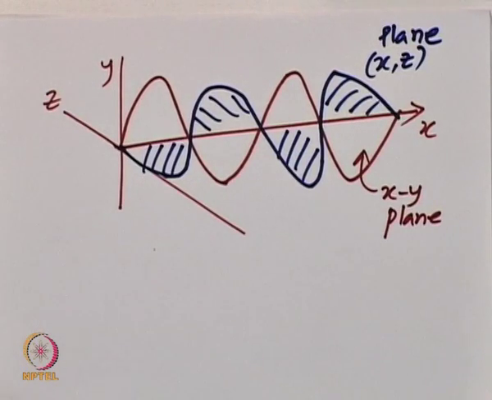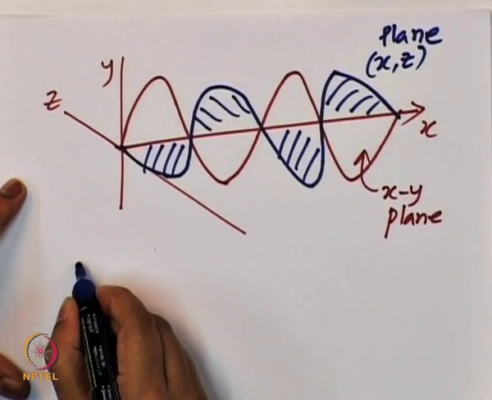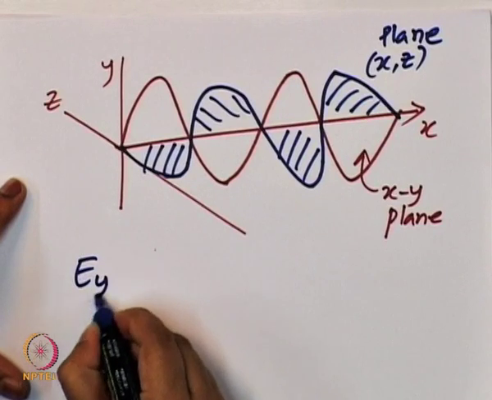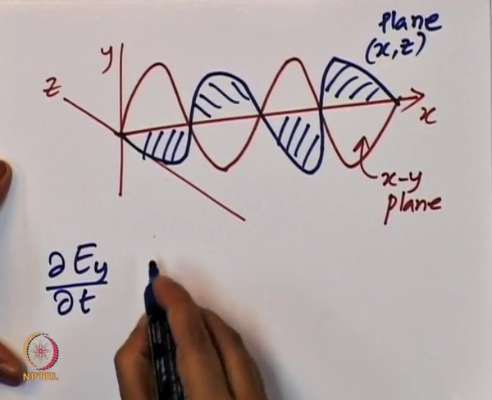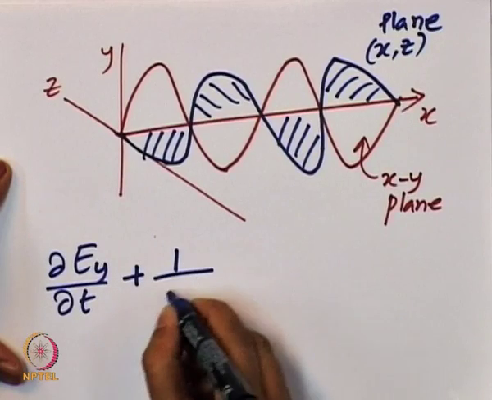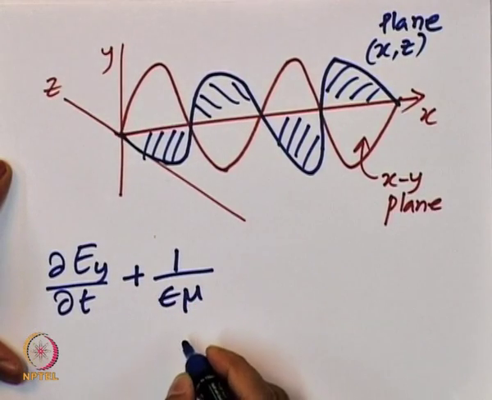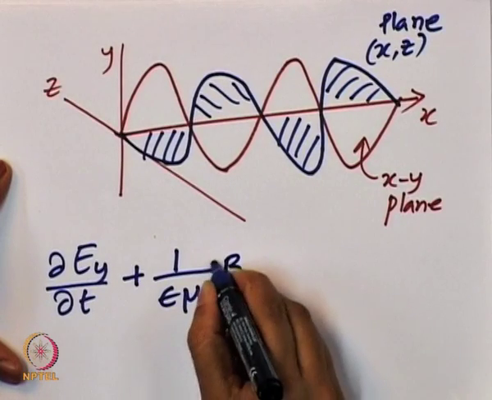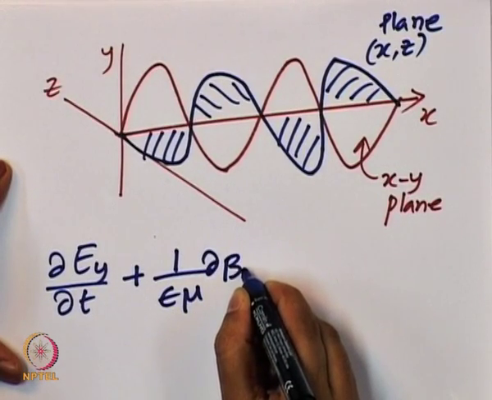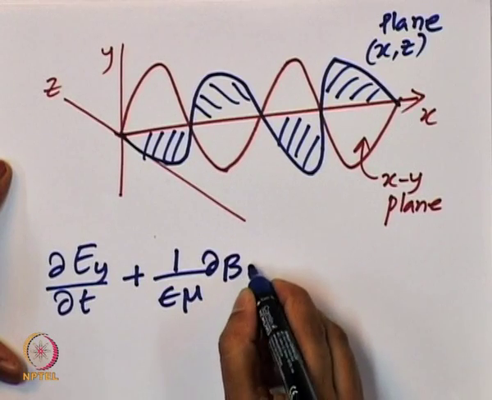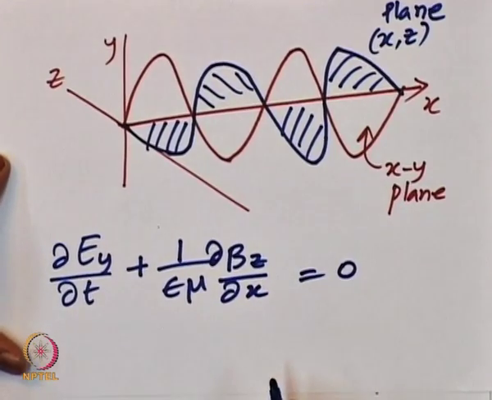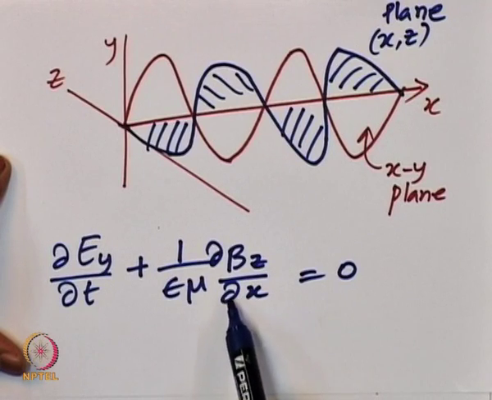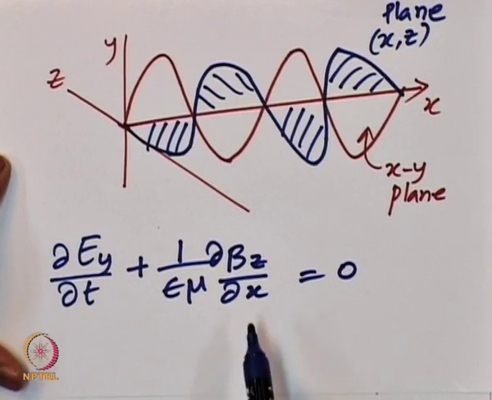So for this simple equation we get a form where we can write dEy/dt plus 1 by epsilon mu dBz/dx is equal to 0, the B having only component along the z direction and it is the partial derivative with respect to x.